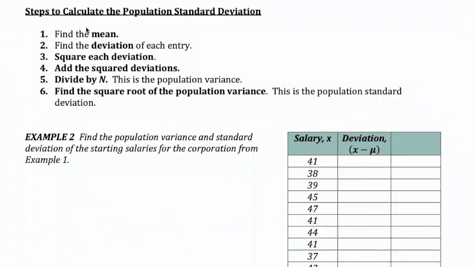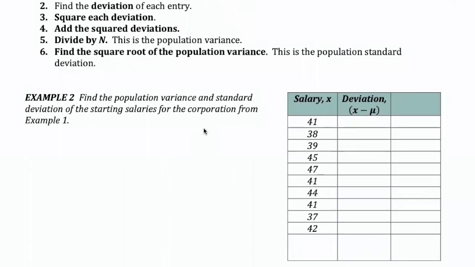So the steps that we're going to follow are these 6. So we are now going to go back to that data set with salary in thousands and find the population variance and standard deviation. All right, step 1 is again to find the mean, and we already did that part.